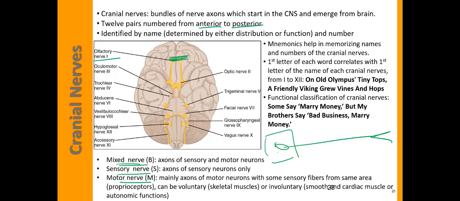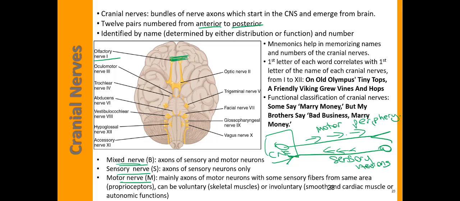So if you think about the CNS over here, and this is the periphery. So nerves that project down to the periphery are called motor neurons, and neurons that send information to the central nervous system that go that way are called sensory neurons.